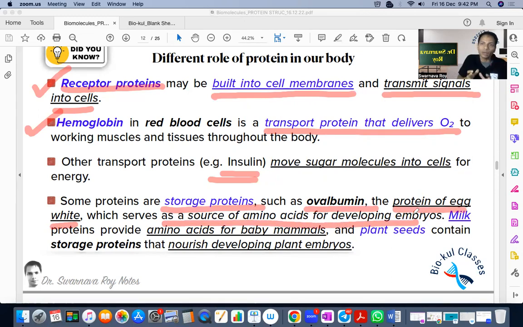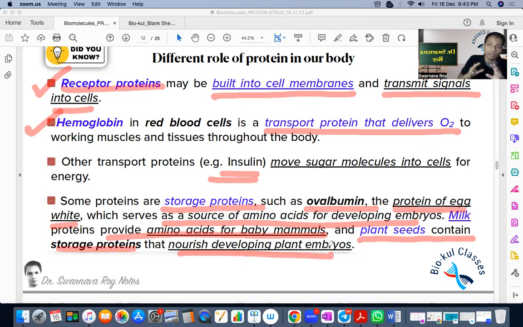So it is storing these amino acids. Also, milk proteins provide amino acids for the baby mammals. Baby mammals drink mother's milk. So milk has a lot of protein, and these proteins provide amino acids for the baby mammals. Plant seeds: if you look at a plant seed, it contains storage proteins that nourish the developing embryo.